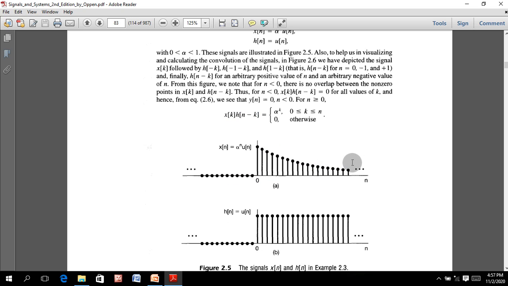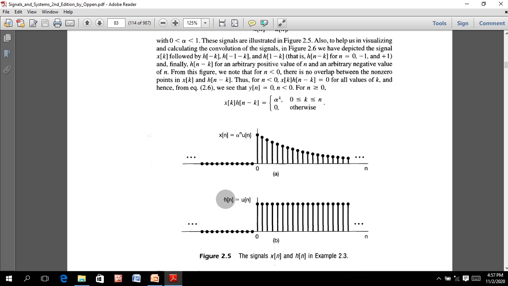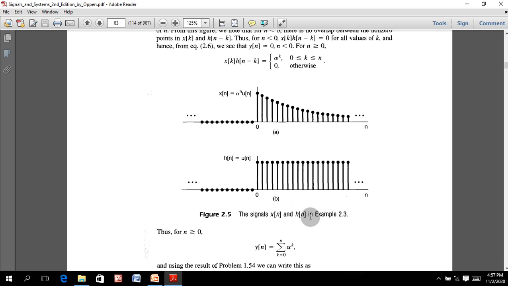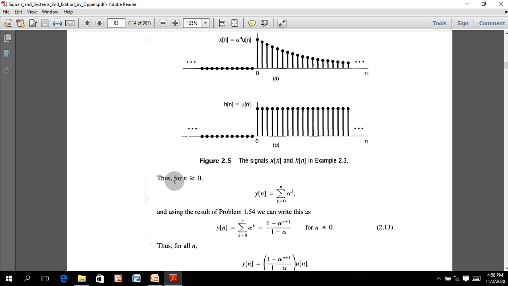Also, the impulse response or the step response of this specific system where we have to feed this signal is this. This is the signal x of n and h of n is equal to this. Now we know that for n greater than or equal to 0, y of n is equal to the summation from 0 to n of alpha to the power k.